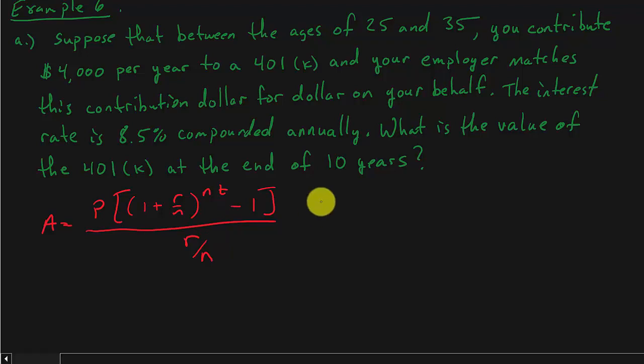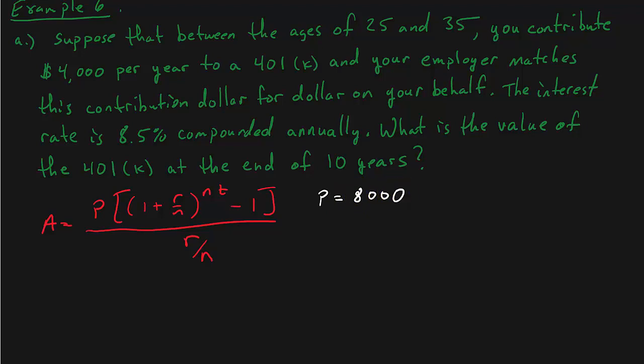All right. So we need P. P is how much is being put in at the end of each year. In this case, P is 8,000. I want you to think a minute.